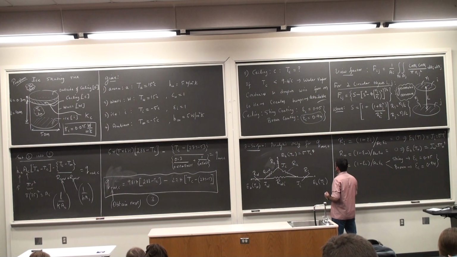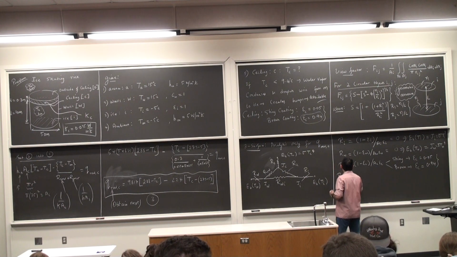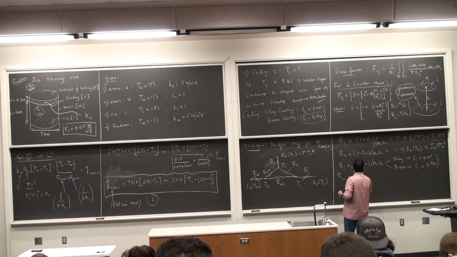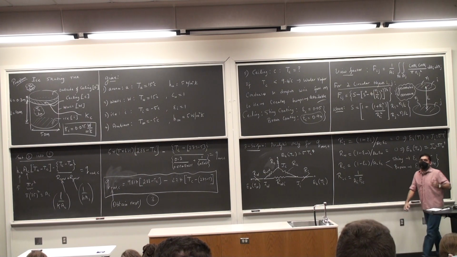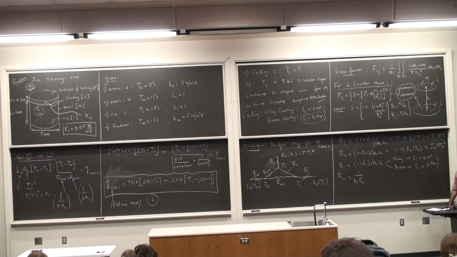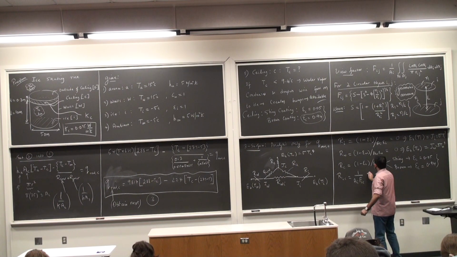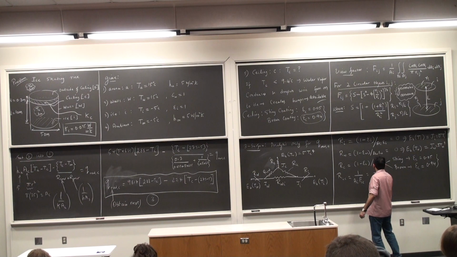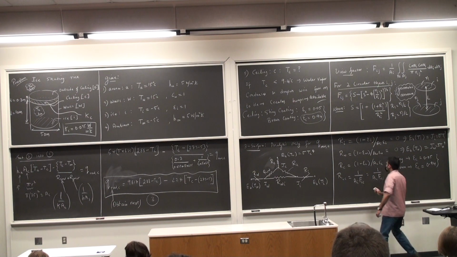So I have Ric is 1 by Ai Fic, where Fic is the view factor from the ice as intercepted by the ceiling. Or by the reciprocity, this is the same as 1 by Ac Fci.